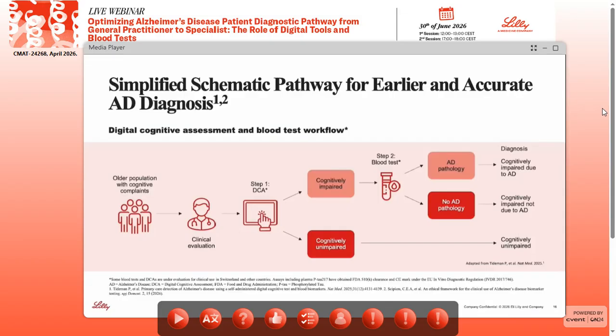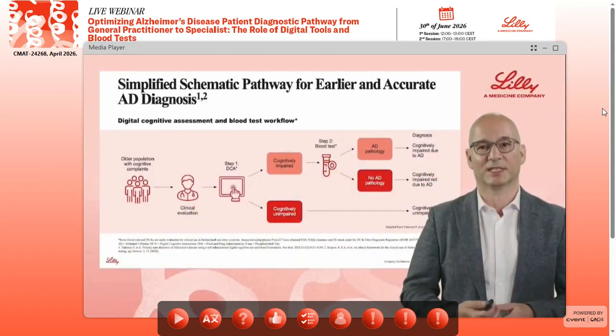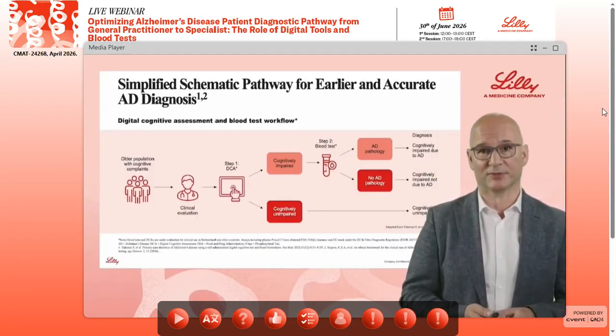And if the patient is cognitively impaired, then you can do a blood-based biomarker test. And this then either confirms Alzheimer's disease pathology or you have an exclusion of Alzheimer's disease pathology. And then this can lead to further clinical management of the patient.